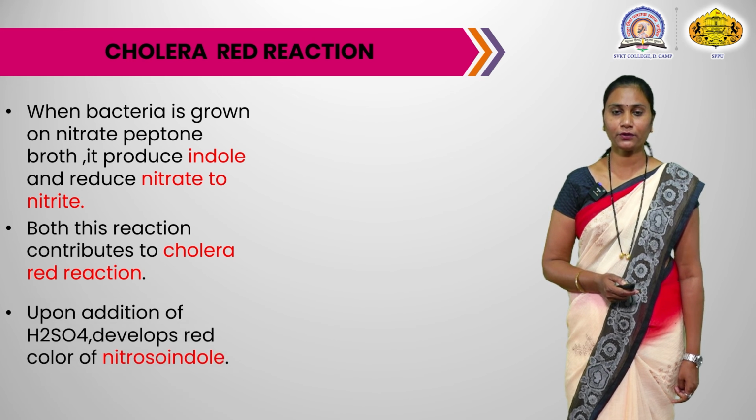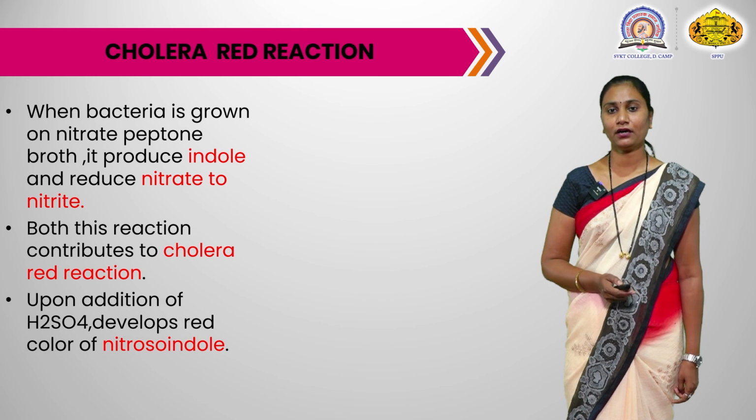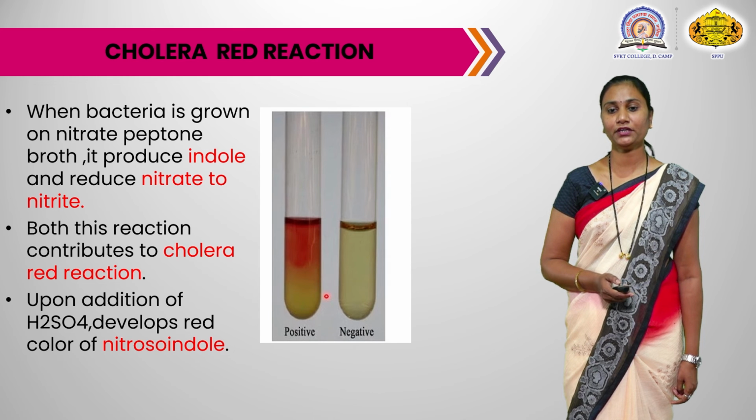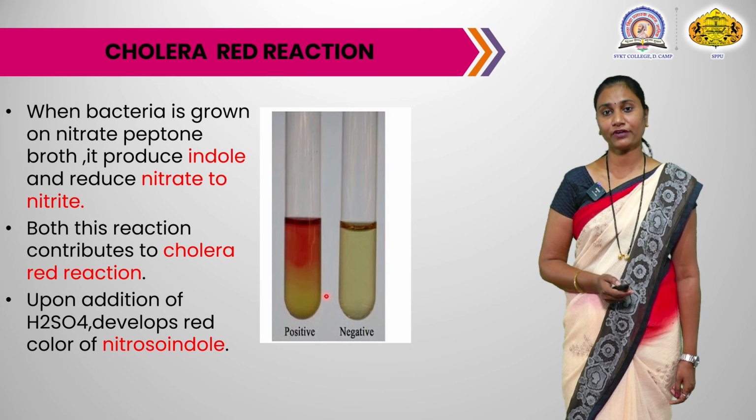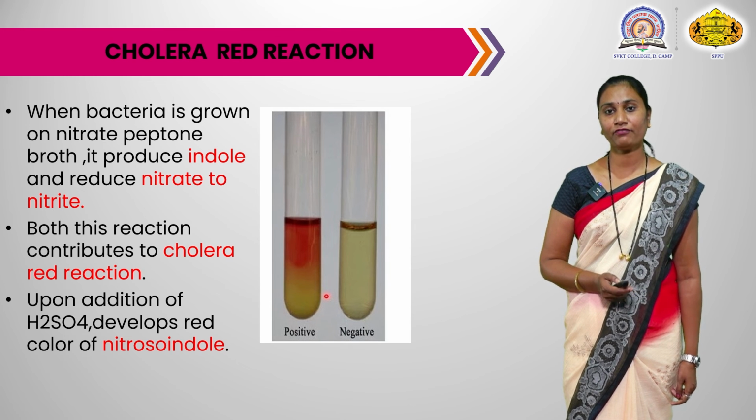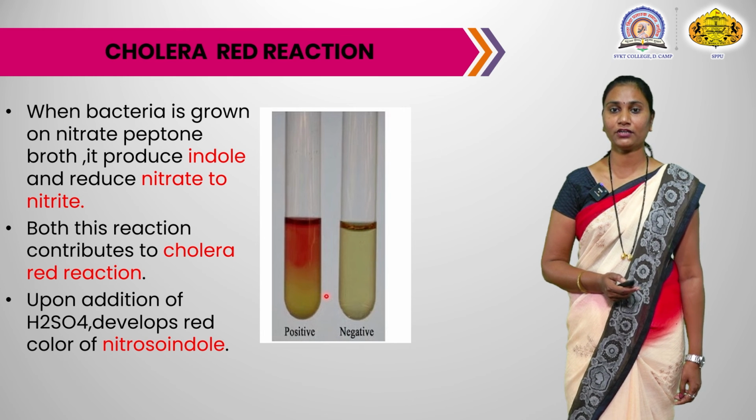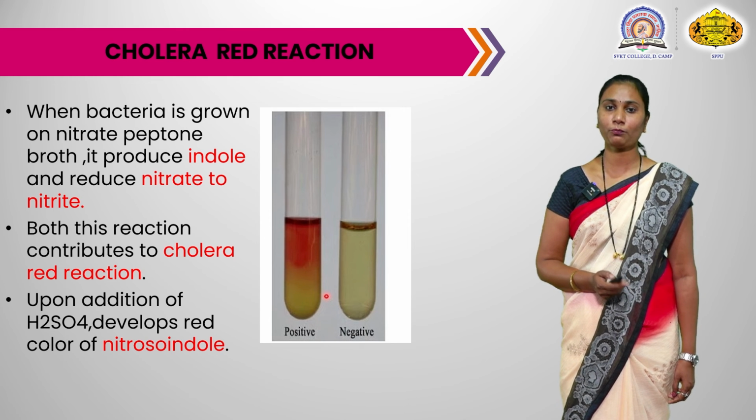Now in this particular reaction, when the organism is grown in peptone broth, it results in production of indole, and along with that it results in reduction of nitrate to nitrite, and after incubation, when a few drops of H2SO4 are added to the media, it results in formation of red color.